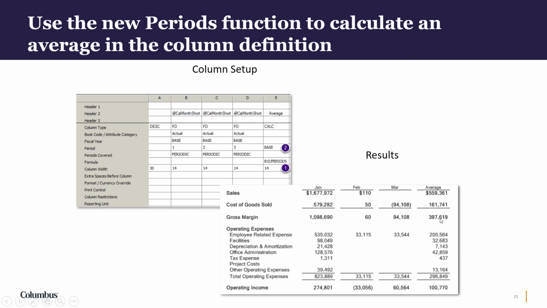So you can see here my 1s and 2, where I'm actually defining the formula in the base. The base basically works the same way as when you're setting up an FD column and you tell it to use base, and it looks at your report date. So when you're doing a calc column and you put base there, it's identifying what the report period is based on your report date.